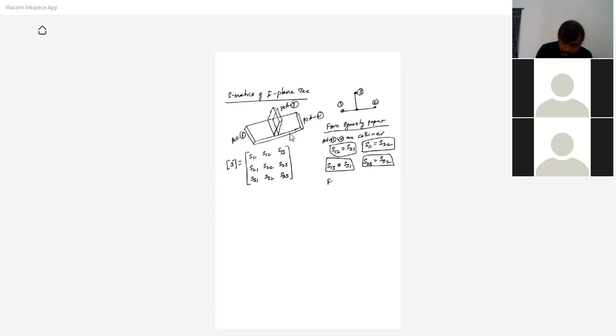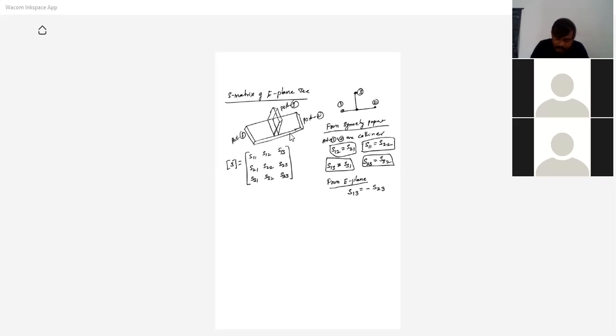From the E-plane property, S13 is equal to minus S23. Only this is the reference. Earlier S13 was equal to S23; here S13 is equal to minus S23.